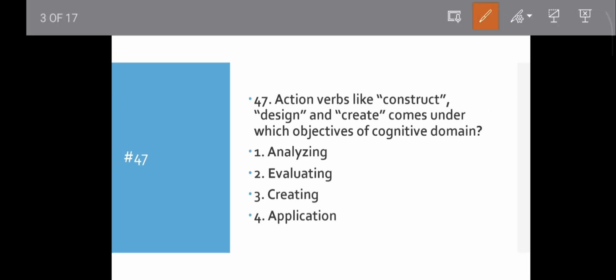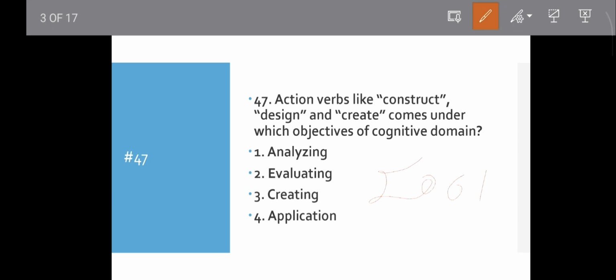Question number 47. Action verbs like construct, design and create come under which objective of cognitive domain? They come under Bloom's revised taxonomy, which was revised in 2001.